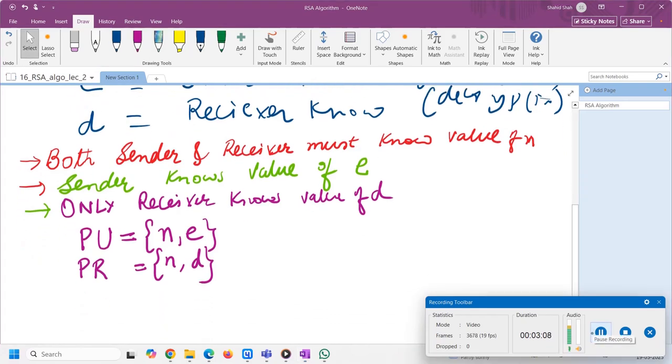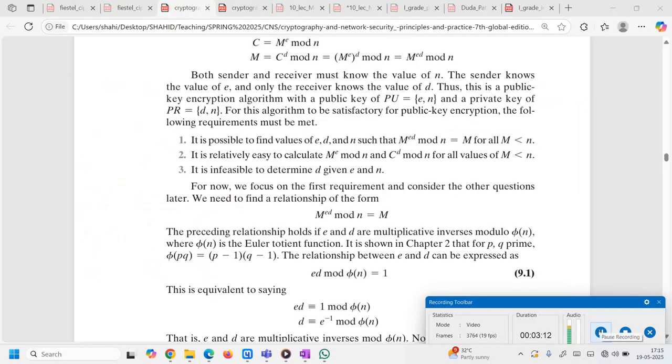Now let's see how this RSA algorithm works. RSA algorithm is based on some algebraic results in number theory, so in that sense it is a little bit involved. Let's first articulate the major requirements of RSA algorithm.